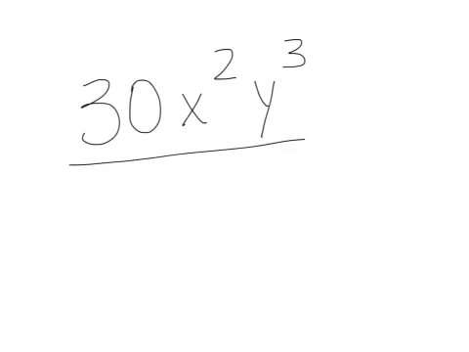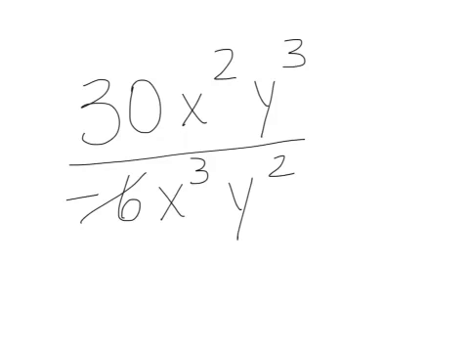Let's see what that means with some examples. If we have 30x squared y cubed over negative 6x cubed y squared, and it says to simplify. Well, we can reduce the negative 6 and the 30 and make that a negative 5.